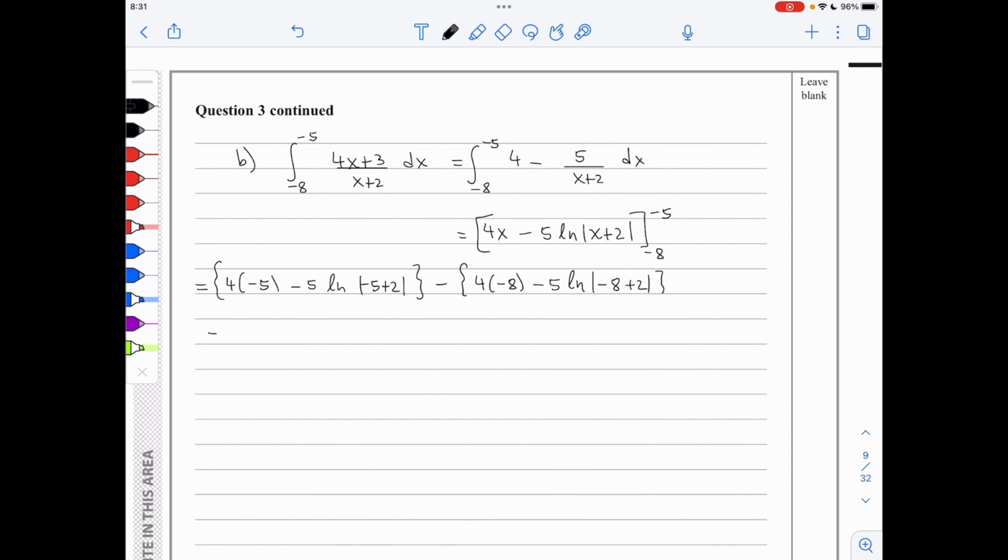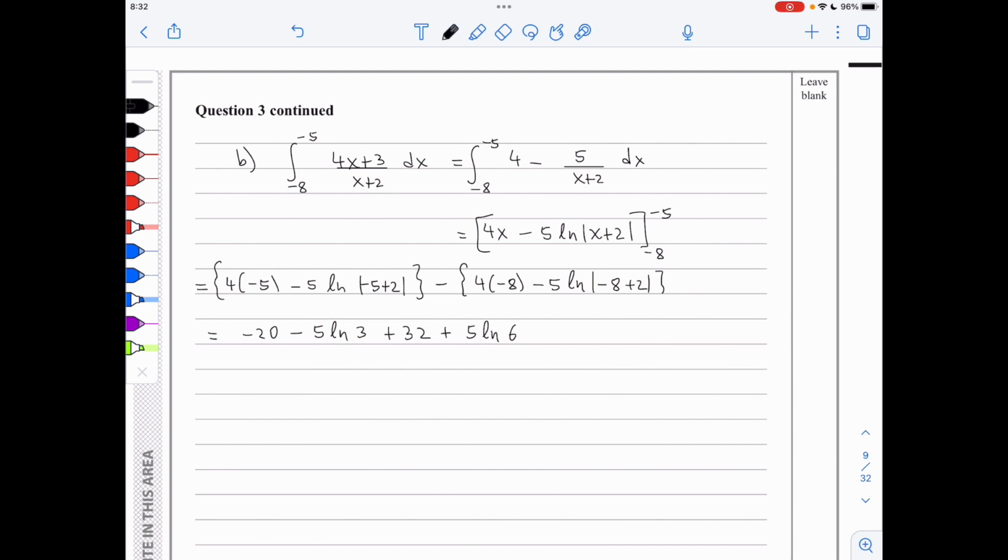So 4 times negative 5 is negative 20, minus 5 ln of 3, because negative 5 plus 2 is negative 3 and its absolute value will be 3. Then this is negative 32, and with a negative here it becomes a plus, so plus 32. And again, negative with negative makes a plus 5 ln of 6, because negative 8 plus 2 is negative 6 and its absolute value will give me 6.